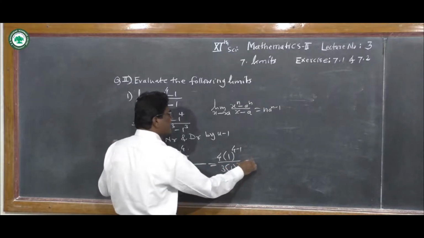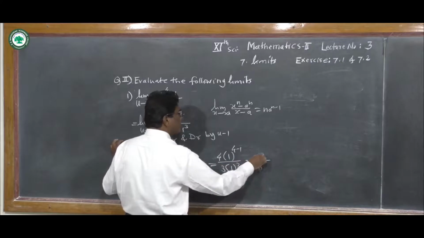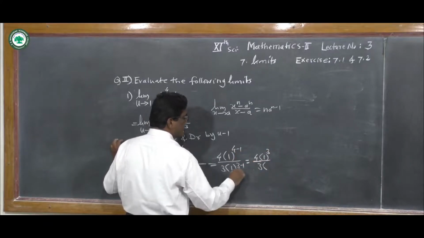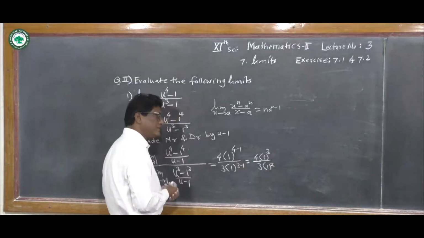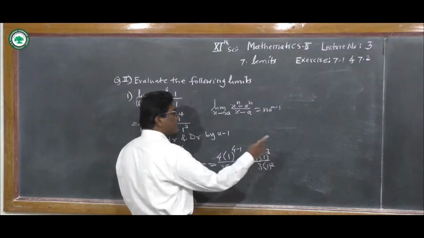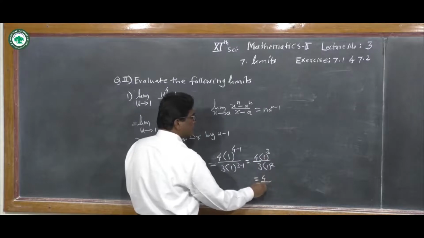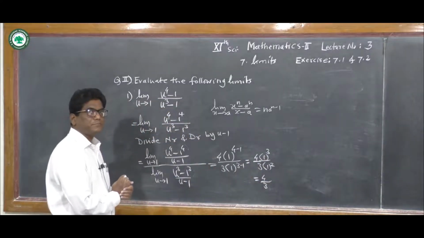Okay. So that is 4 into 1 to the power 3, and here 1 to the power 2. 1 to the power anything is equal to 1. So 4 into 1 is 4, upon 3 into 1 is 3. So the solution is 4 upon 3.